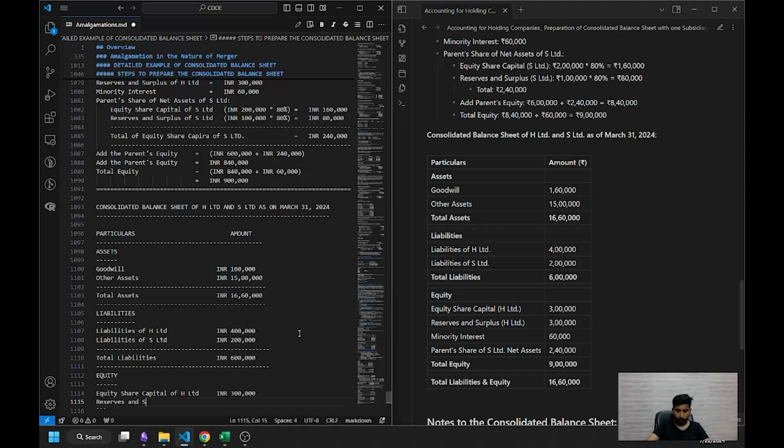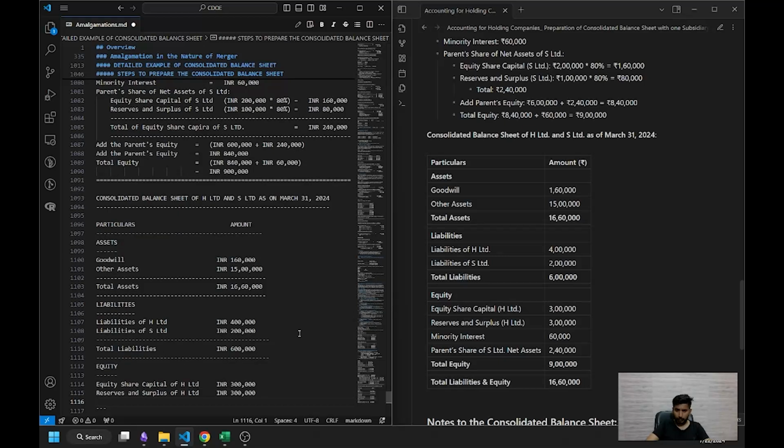Reserves and surplus of H Limited, that is also rupees 3 lakhs. Also, we have the minority interest, that is rupees 60,000.